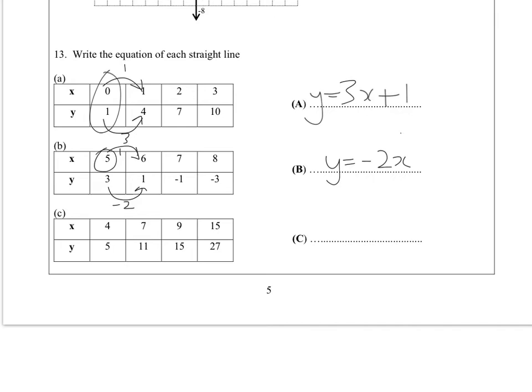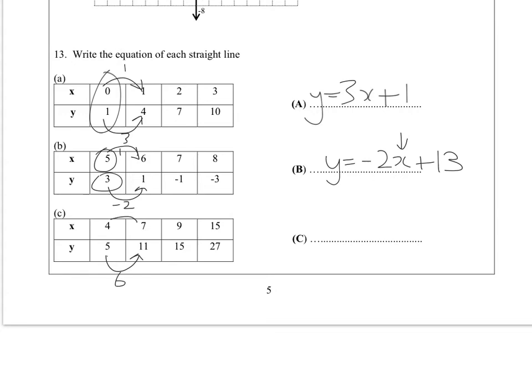So we sub 5 there. Negative 2 times 5 is negative 10, but we need an answer of 3. How do you get from negative 10 up to 3? We must add 13.